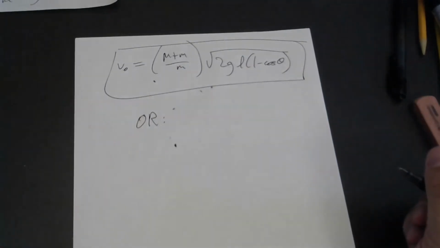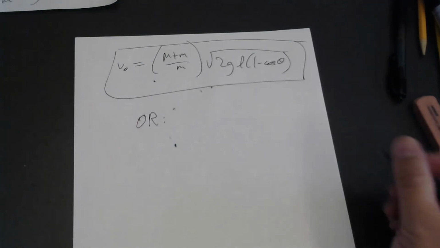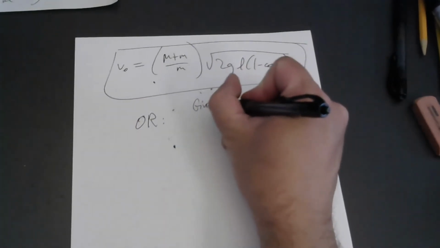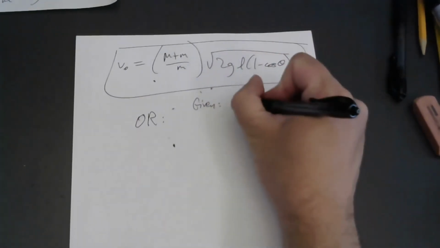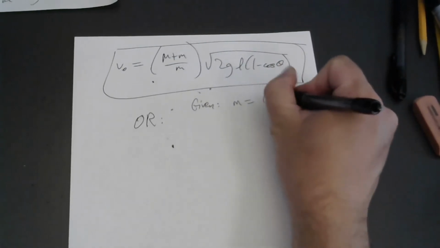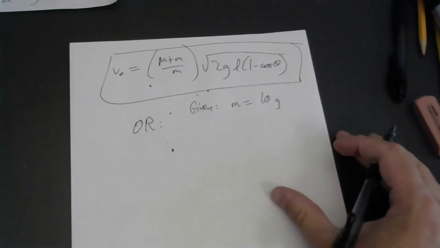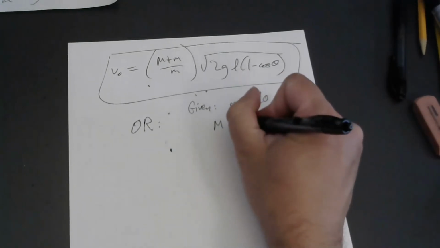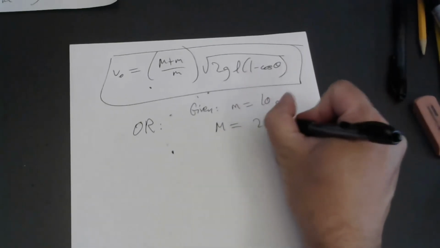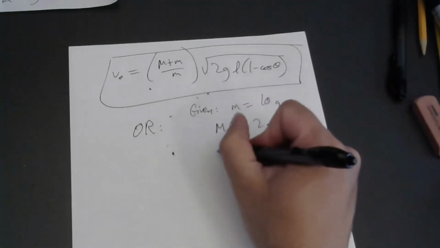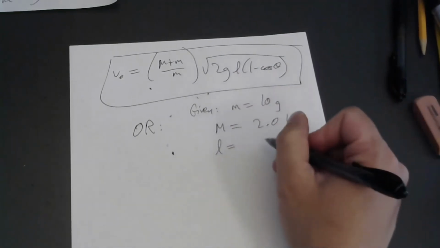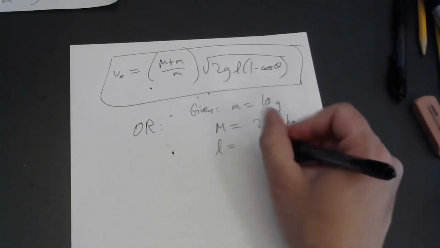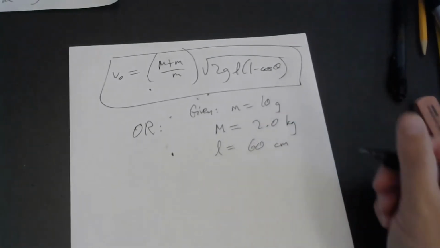Here's another use of this formula. Suppose what you're told is that the bullet's mass is 10 grams. I think that's a typical mass for a round, a bullet. And that the metal catcher or wooden block is a modest 2 kilograms. And maybe the length of the pendulum, or the distance from pivot to center of mass, is only 60 centimeters.